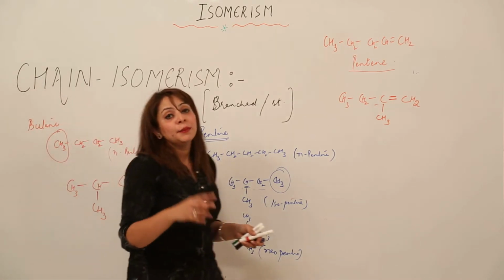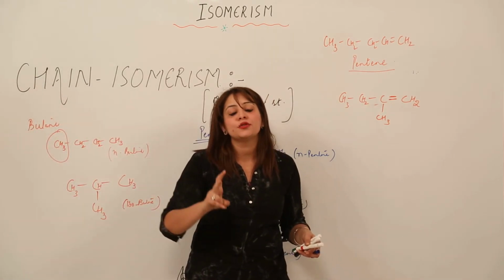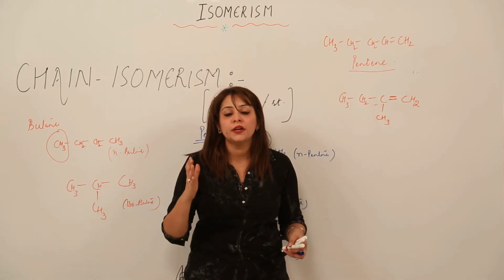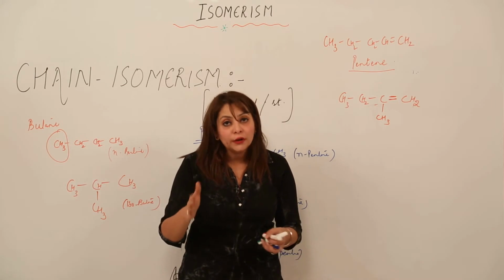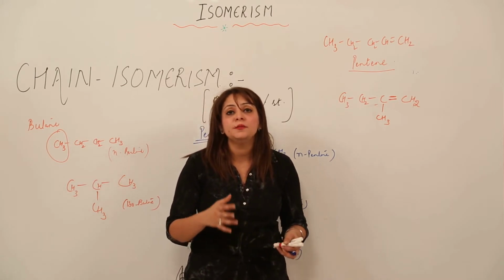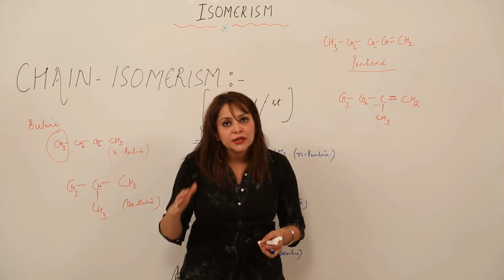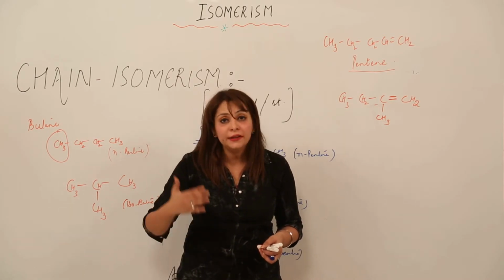But two things you have to keep in mind: to show chain isomerism, the chain must have a minimum of 4 carbon atoms, not less than that, because meth, eth, and prop do not show this kind of isomerism, since they cannot be further condensed.